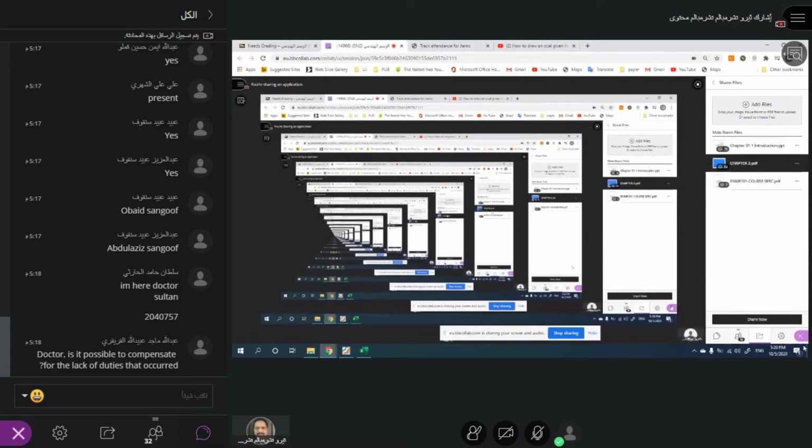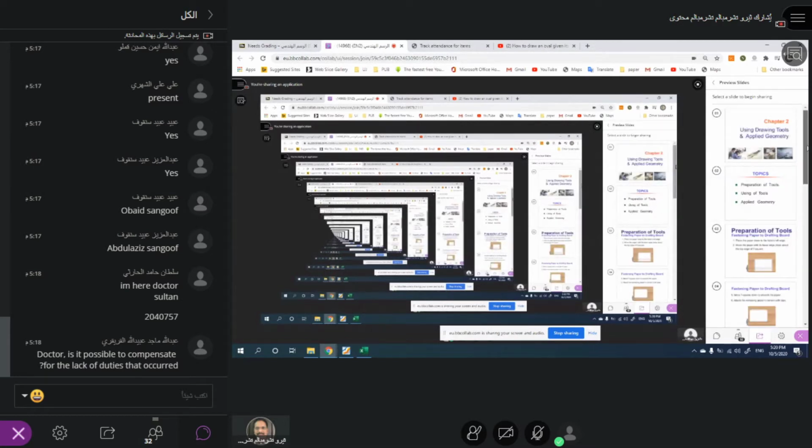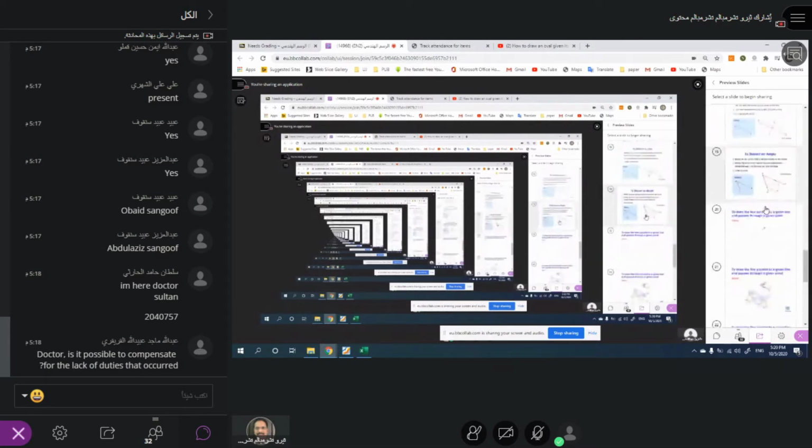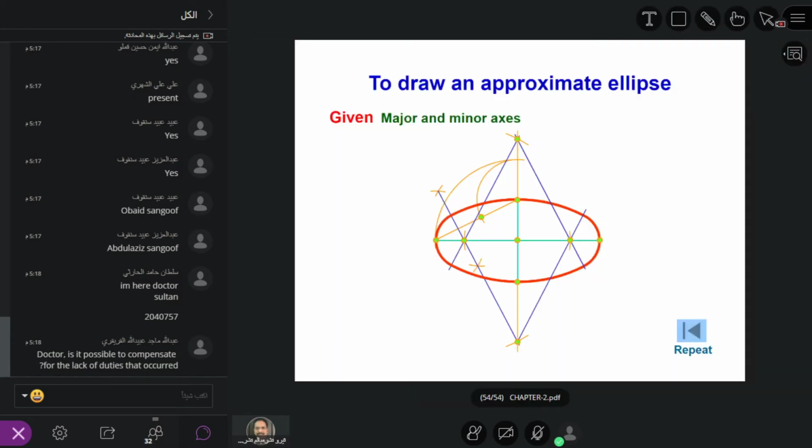Okay. Now, if you see here, this is what exactly he meant. So the point here is this is the major axis and the smaller one is the minor axis.